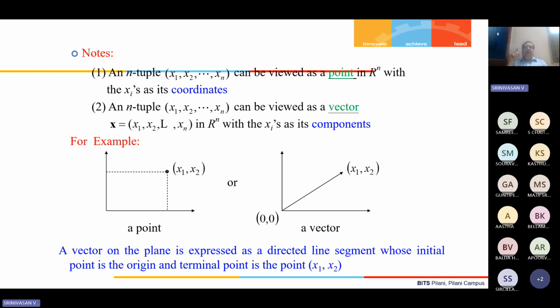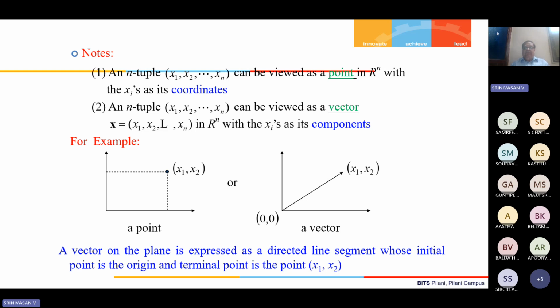The same can be viewed as a vector x, bold x, equal to x1, x2, ..., xn in Rn with the x's as its components. When you have a row matrix, you just write them without separating them by commas.